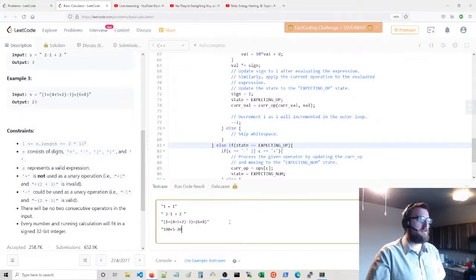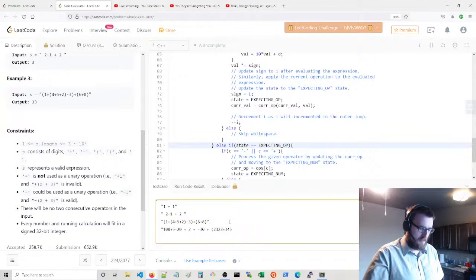100 plus 5 minus 20 plus 2 plus negative 30 plus 223 plus 4. Another number, minus 20, 234 plus negative 22 minus 10 plus 34 minus 80, 20 plus 2 minus 1 plus 1.